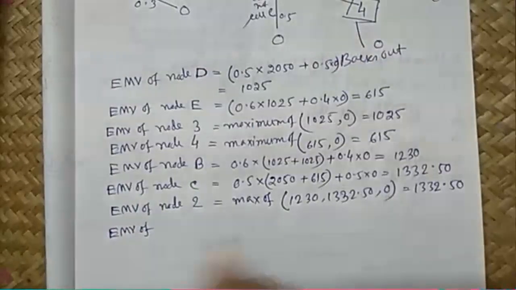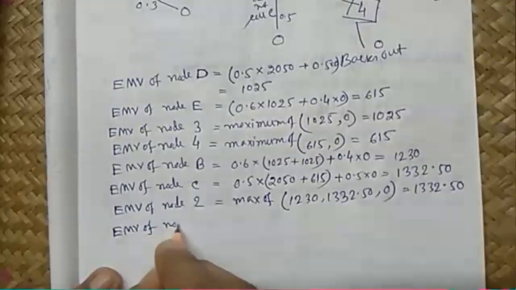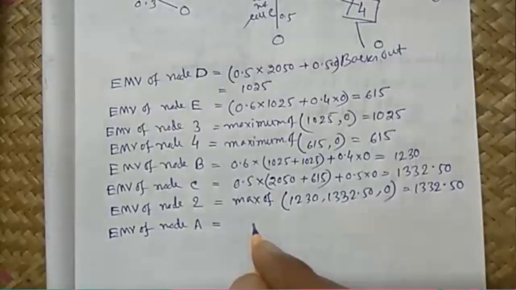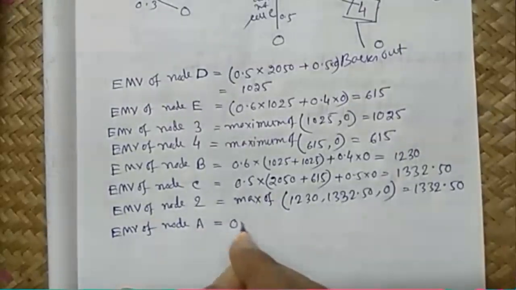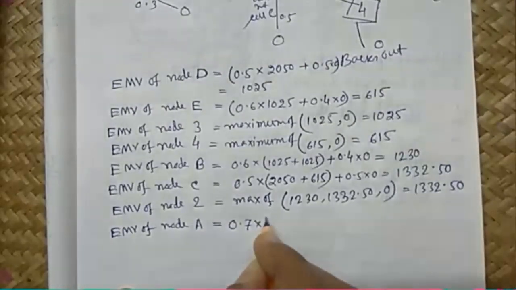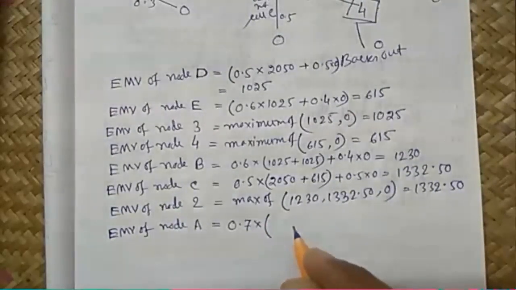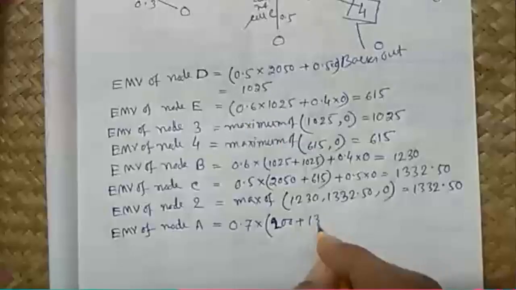Then we go further left, EMV of node A. This will be 0.7 into, tell me, 200 plus 1332.50, that is 1350, plus 0.3 into 0.